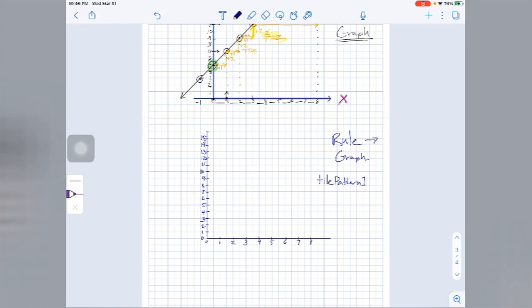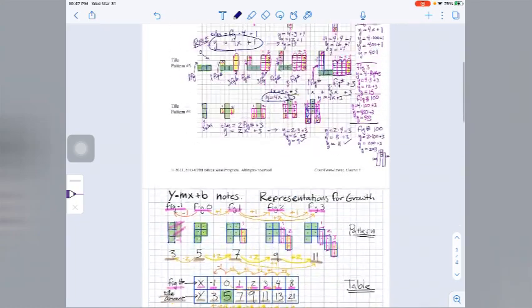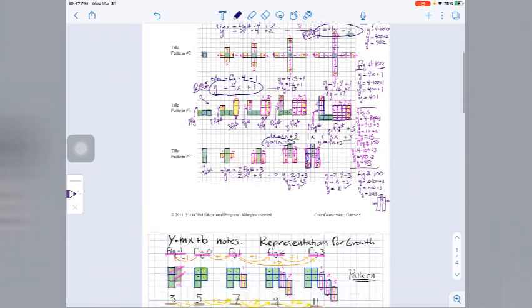Tile pattern 1. The rule is y equals 4x plus 2. I believe it was 2, right?